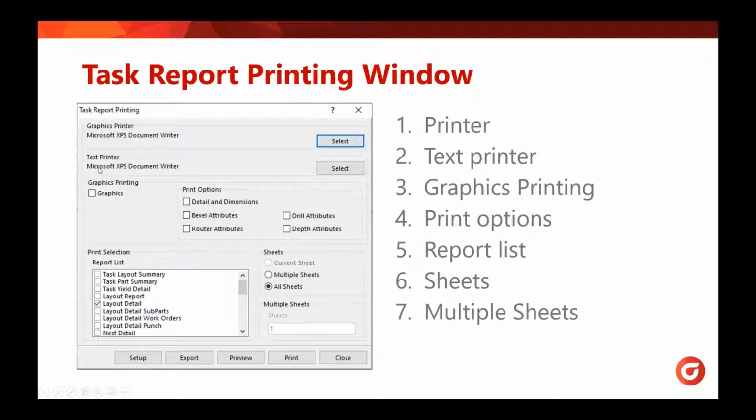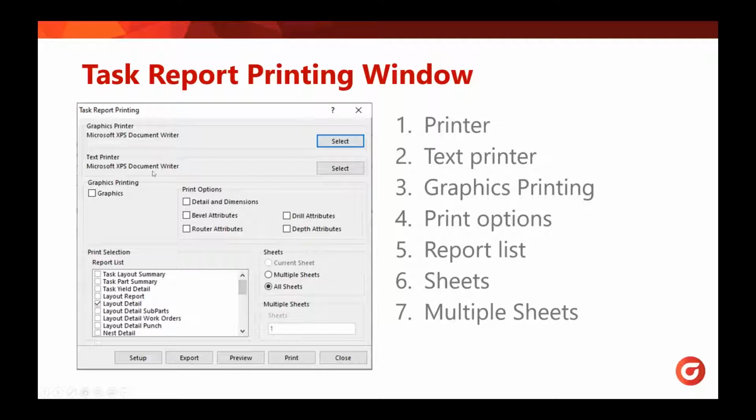And then the text printer, which is right now set to Microsoft XPS Document Writer, that's just the default. That's where you're going to set whatever printer you want that report to go to. Most computers come installed with some sort of a print to PDF function if that's what you're going for. Now, if you are going for PDF printing, I recommend you look into our e-report options that can automatically send that report to a PDF and save it somewhere, or multiple reports from a nest.